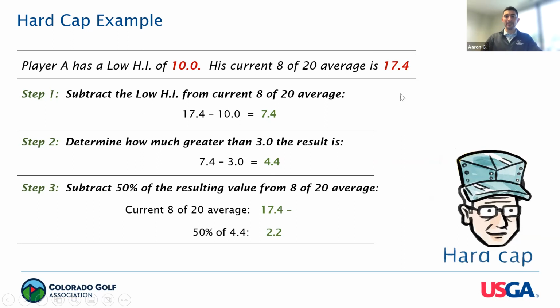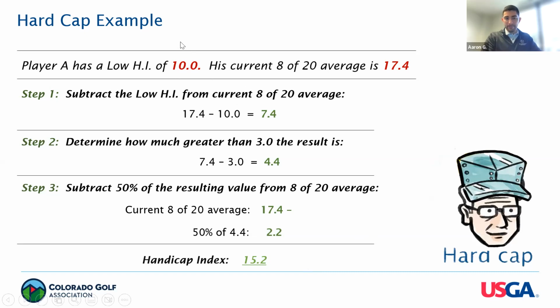Again, in order to get to a hard cap, the system will always go through the soft cap procedure first. So based on the soft cap calculation, this handicap index is a 15.2, right? But in this instance, the hard cap will kick in. Why?